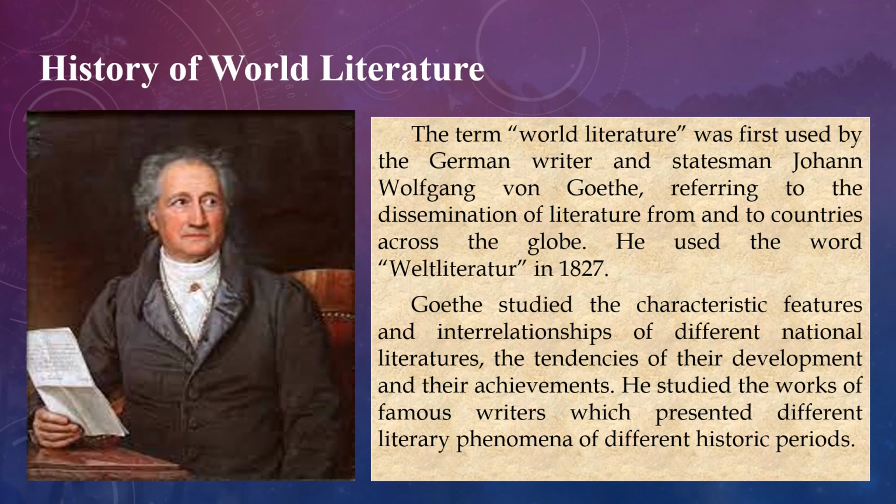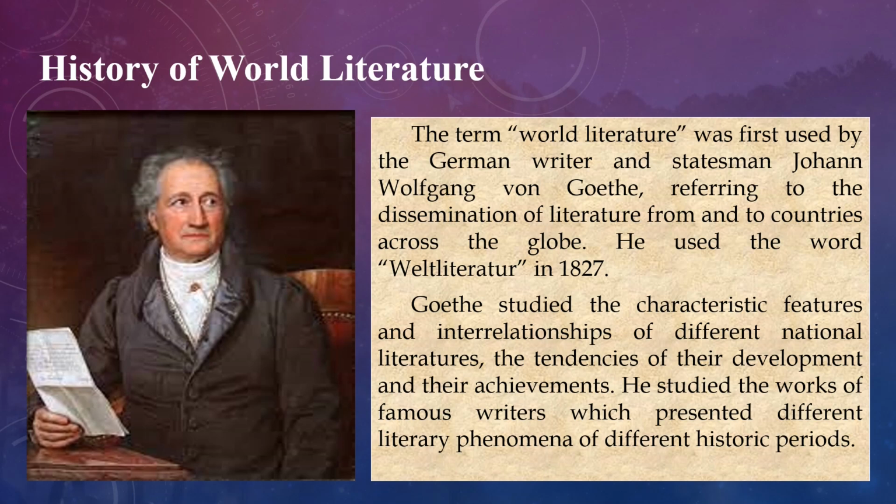The term world literature was first used by the German writer and statesman Johann Wolfgang von Goethe, referring to the dissemination of literature from and to countries across the globe. He used the words world literature in 1827.